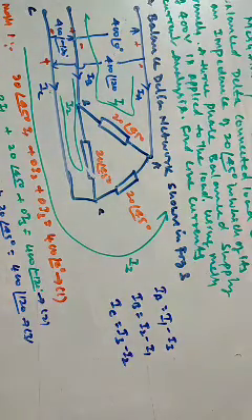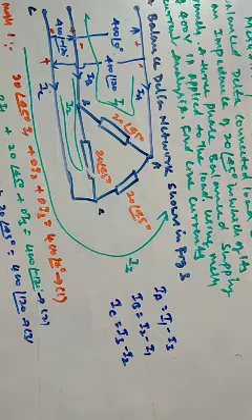So for IA, IB, IC, we know the values of I1, I2 and I3, and substituting those, we get the answers.